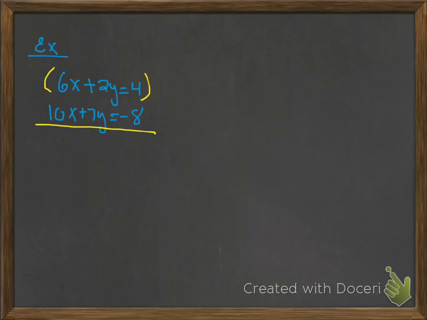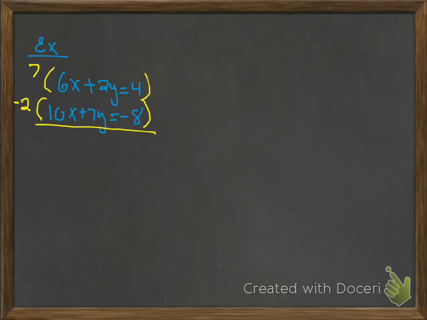No. Can I multiply 10 by anything to get 6? 7 to get 2? No. So now what we have to do is come up with a common multiple of theirs. So what I'm going to do is multiply the top by 7 and the bottom by a negative 2, so that I have one value that's negative and one value that's positive.